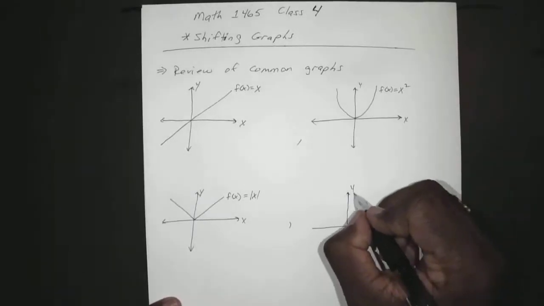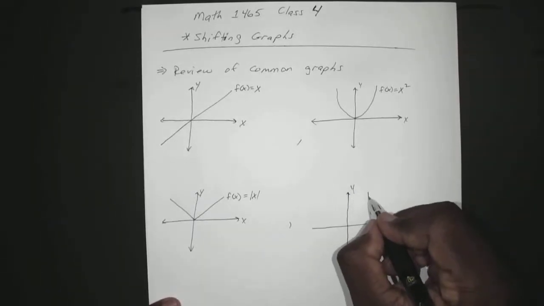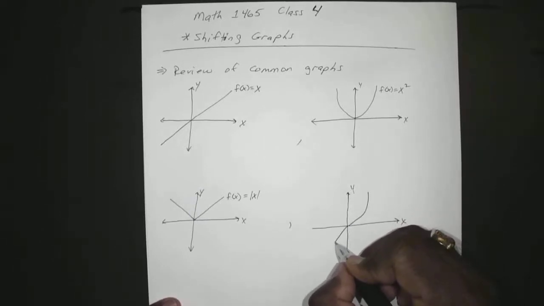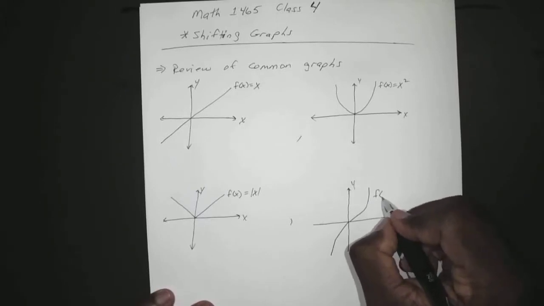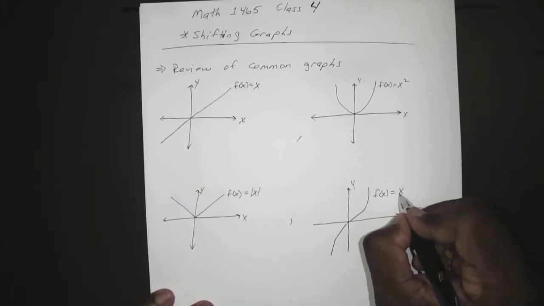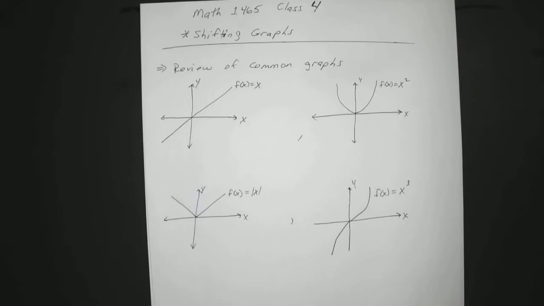Okay, so if you have your x and your y-axis, and if you have a graph that has that shape, the answer is f of x equals x to the third.